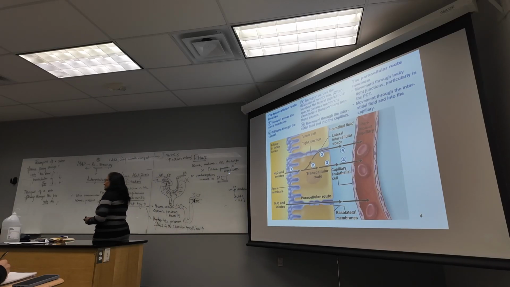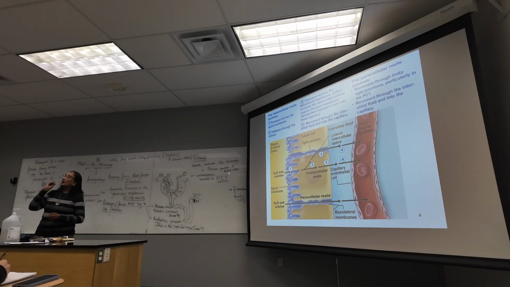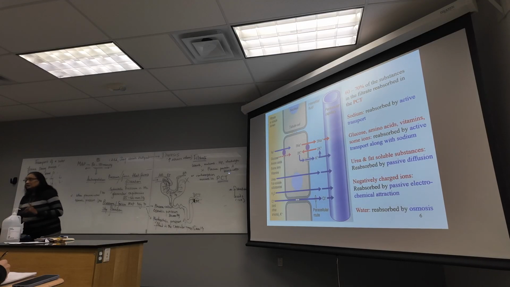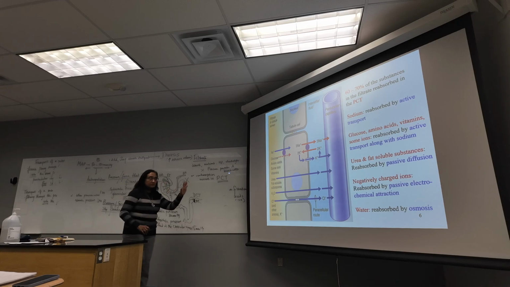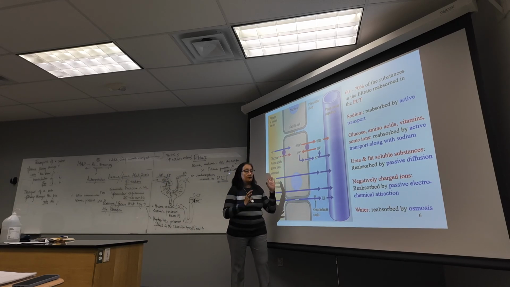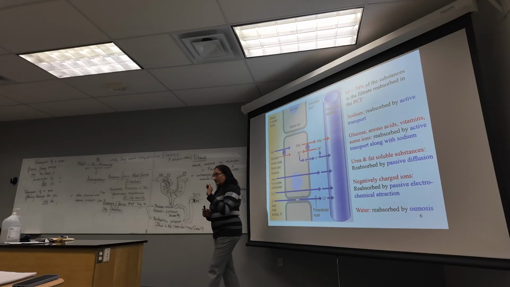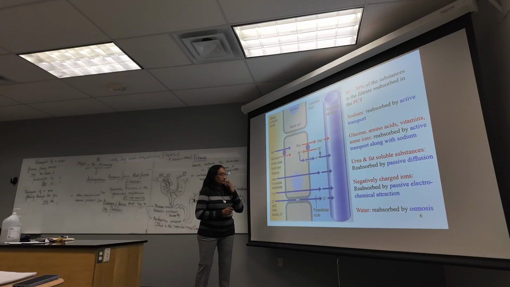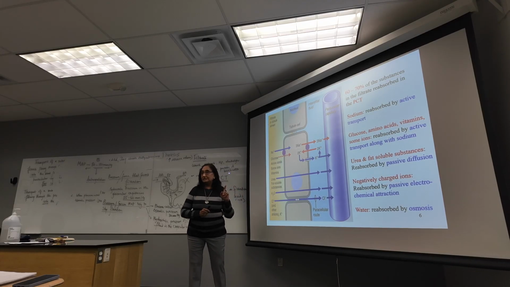This is how it is getting transported. So we are going to look at what are the substances and how they are transported. This slide is important. This is a summarized slide about tubular reabsorption. I don't think this is a picture from your textbook, so you won't see it.